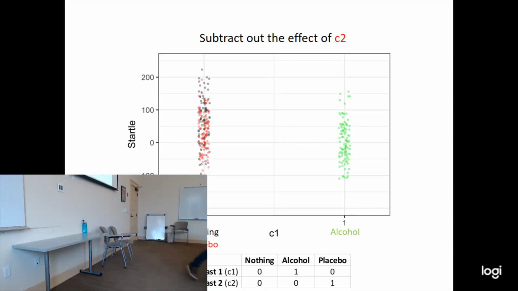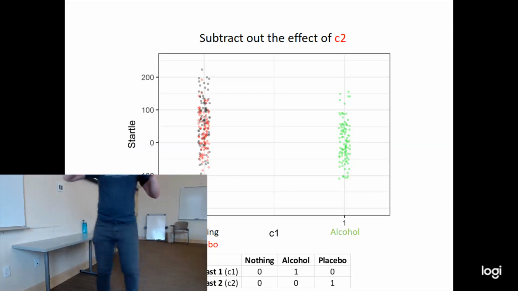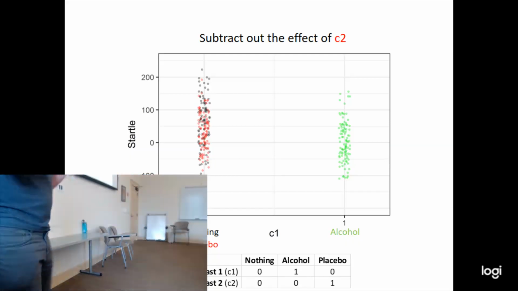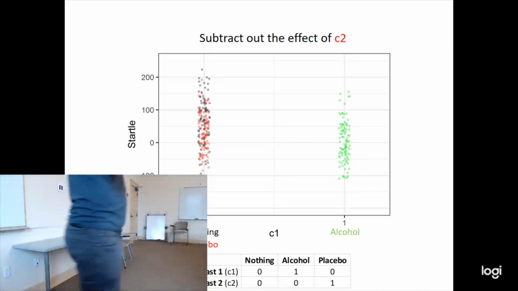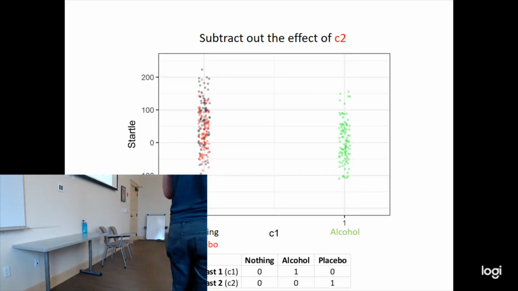And I'll show you what happens to this set of points, everything, as we go from C1 to C2. So I'm literally doing some subtraction. I'm taking the effect of C2 on startle, on anxiety, and just subtracting it out.